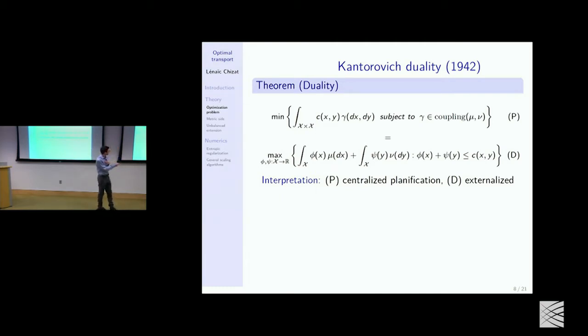But then there is another point of view. Maybe I will ask another company to do the job for me. That company will charge me for picking the goods up from my factories, and for dropping the goods in the shops, and the price will be proportional to the amount of goods they take or drop. Here phi and psi are prices.